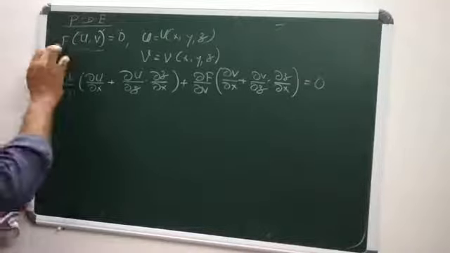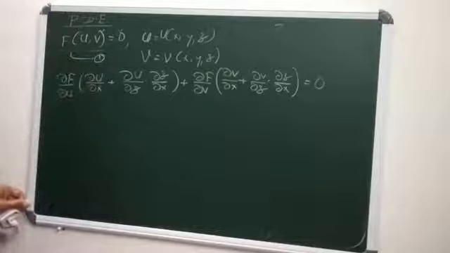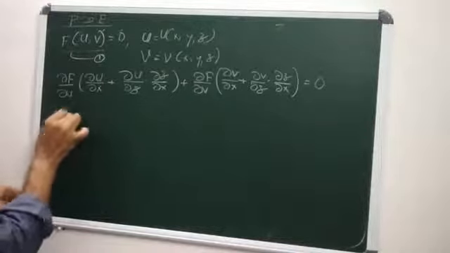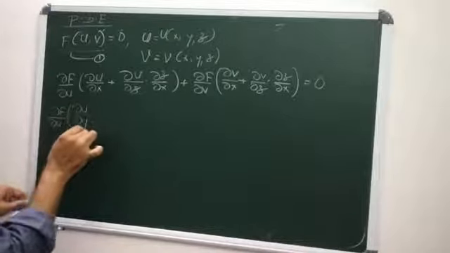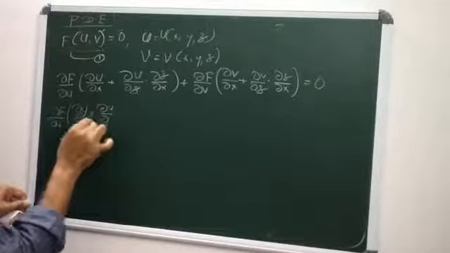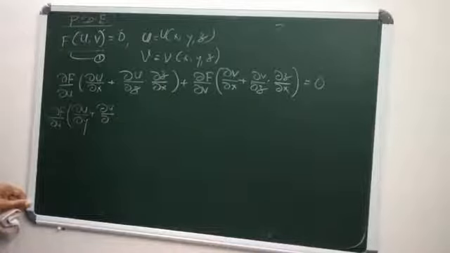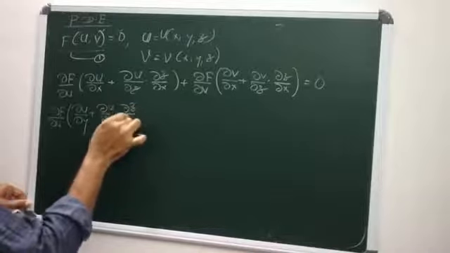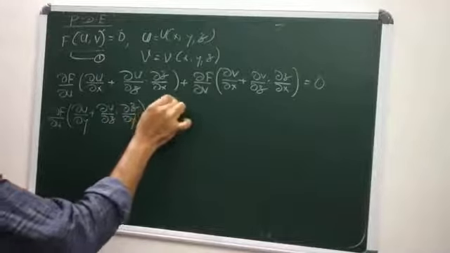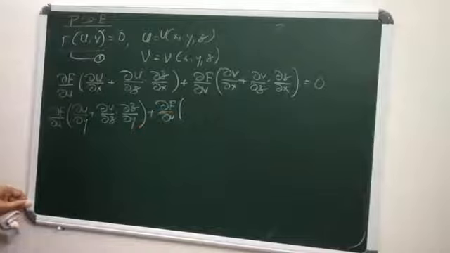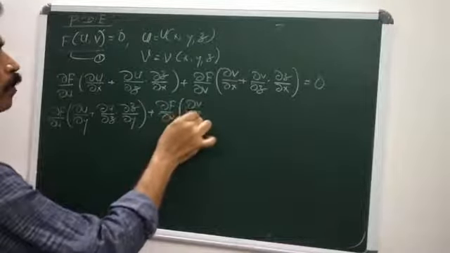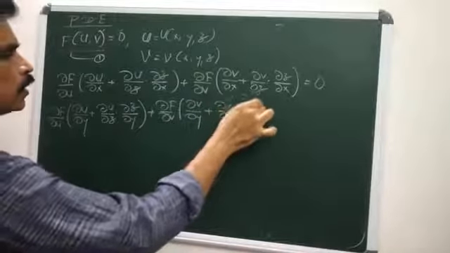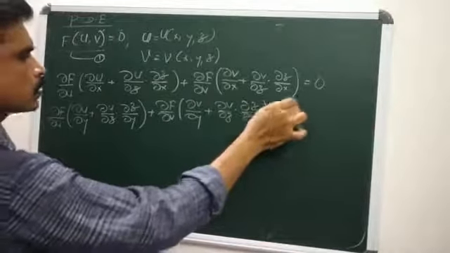Similarly, if you differentiate equation 1 partially with respect to y, what do I get? Again it is del f by del u into, del u by del y plus del u by del z into del z by del y, plus del f by del v into, del v by del y plus del v by del z into del z by del y, equals 0.